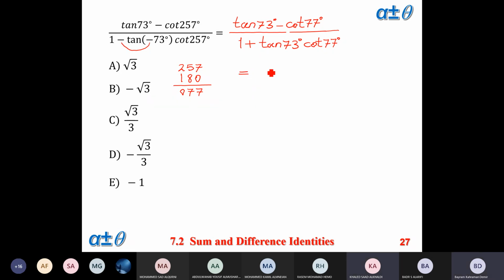Cotangent 77 is the same as tangent 13 degrees, by cofunction identities. So it is 1 plus tangent of 73 and tangent of 13.